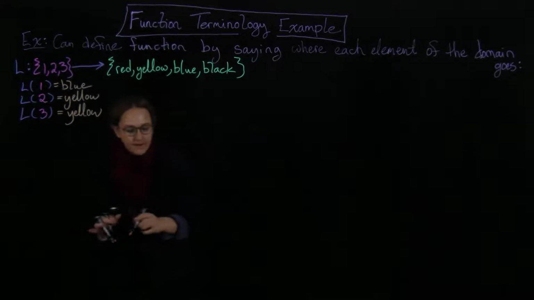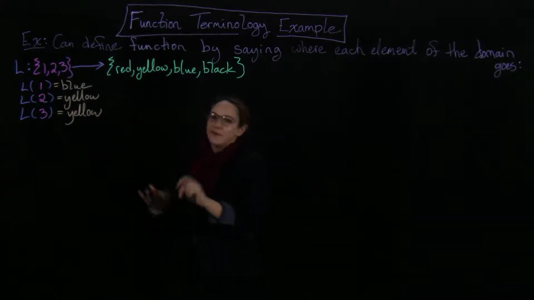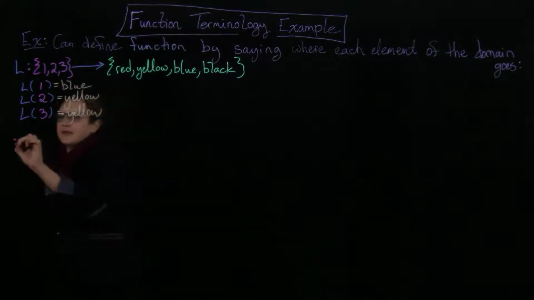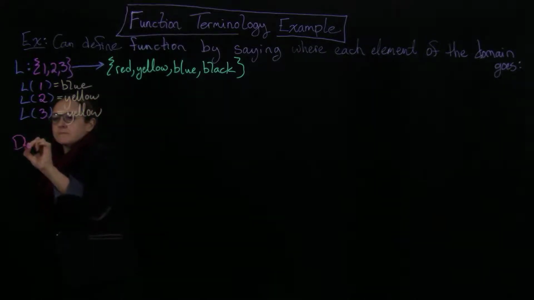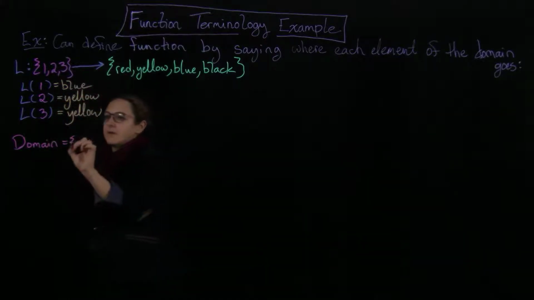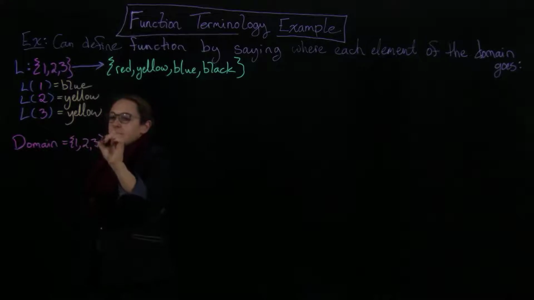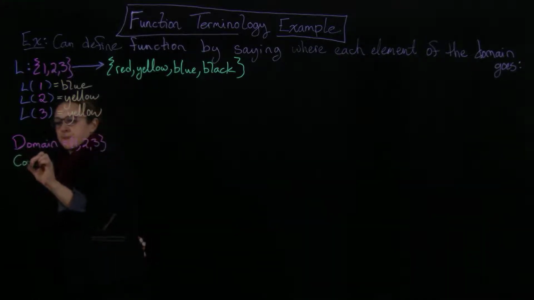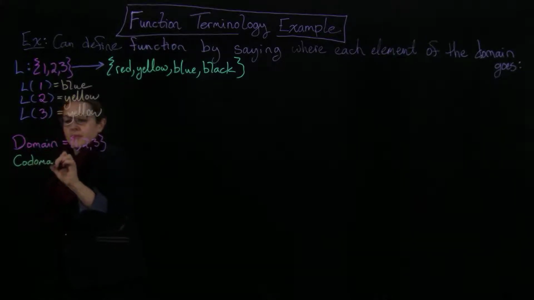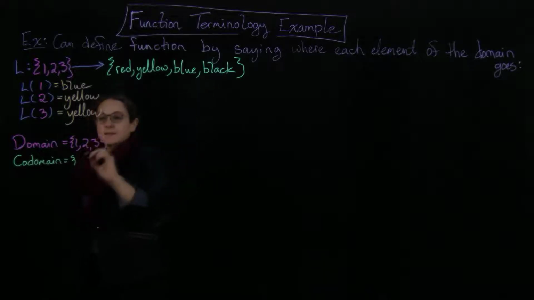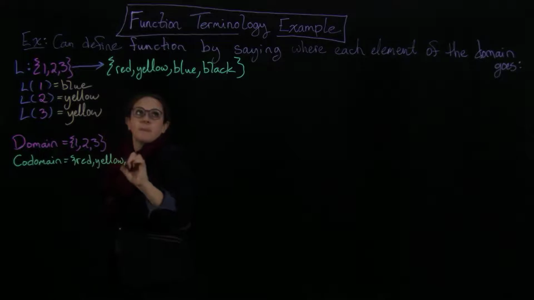Okay. So in this example, the domain is going to equal what we start with, 1, 2, 3, and the codomain is going to equal this list that I gave there. Even though I didn't use all of them, it's still the codomain.